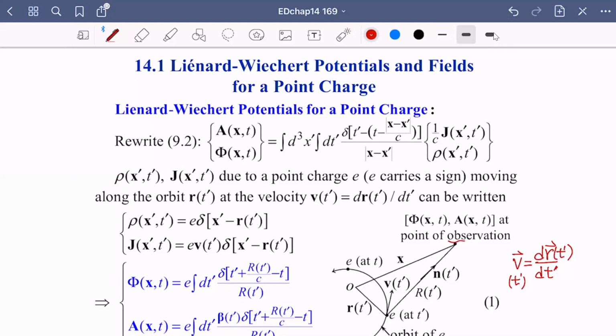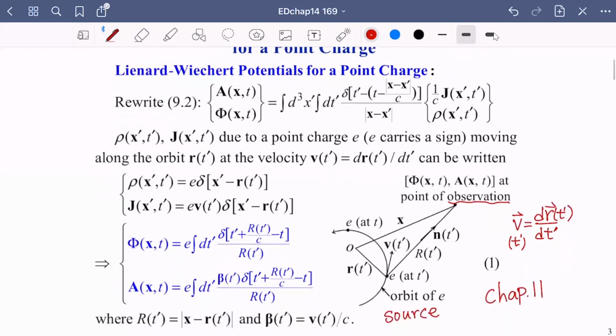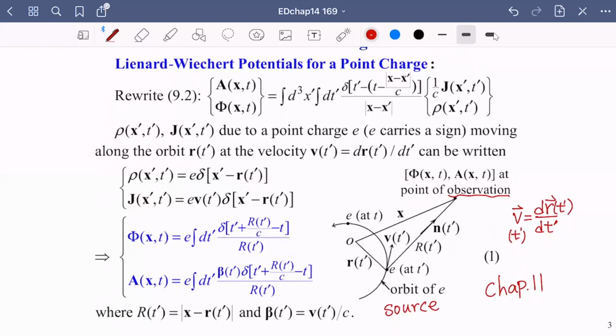Unprime is the observer, and prime is the source. Is source, not two coordinates, unlike our definition in chapter 11. Chapter 11, prime and unprime represent two inertial frame, two Lorentz frame. But here, prime and unprime just indicate our old understanding, source and observer.